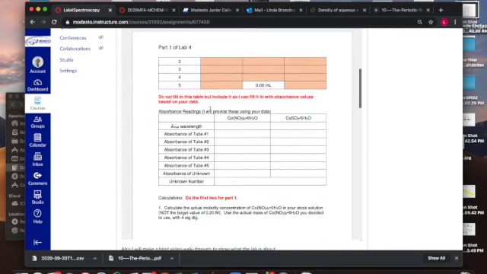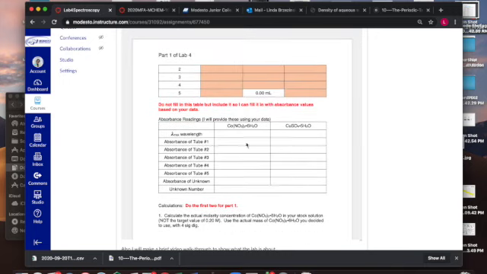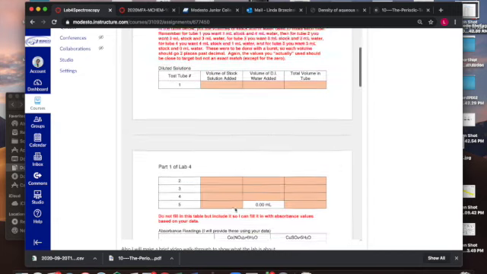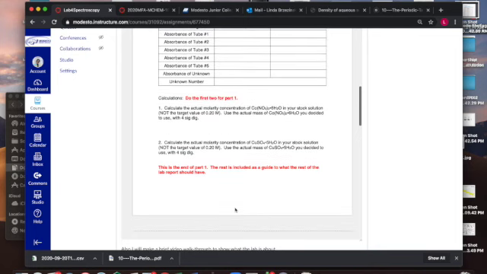Okay. Then once you've put all these shaded boxes in here, I will be basing the absorbance readings on what you have done so far. So I will be providing the data that you got in lab based on how you made up your solutions. This is also needed for part 1, calculating the actual molarity concentration of your stock solution.